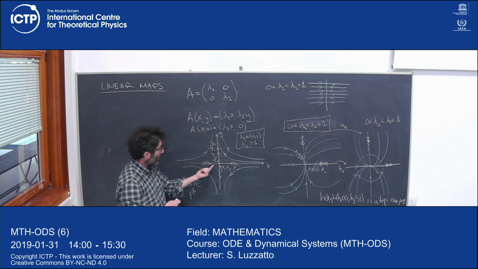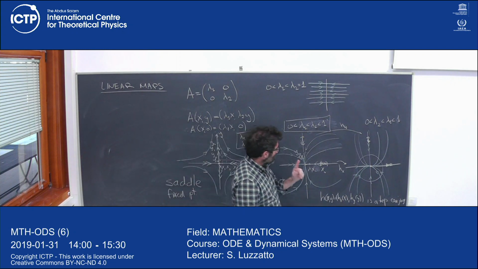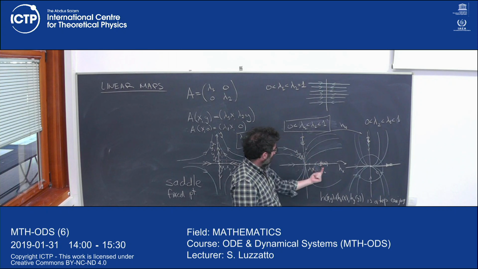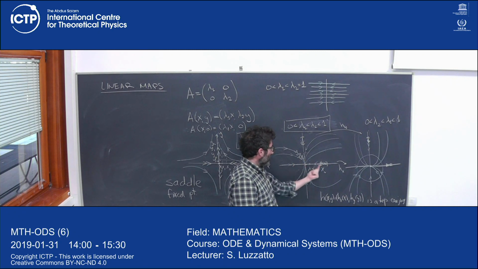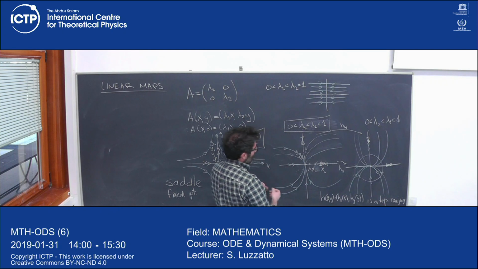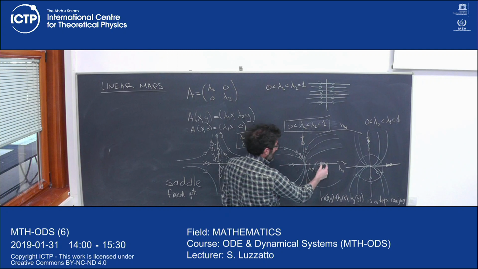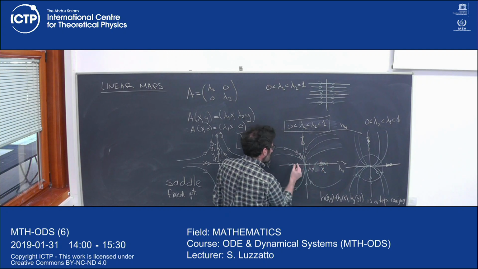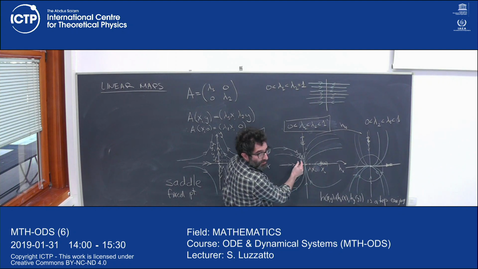And the same argument works if you've got two saddle fixed points, right? Of course this argument does not work if the signs of these are not right. If one of these has a negative sign, we did not really talk about topological conjugacy in the orientation reversing case. But if one of them is negative, then the image of this fundamental domain, instead of being here, is symmetrically here, and then it flips like this.